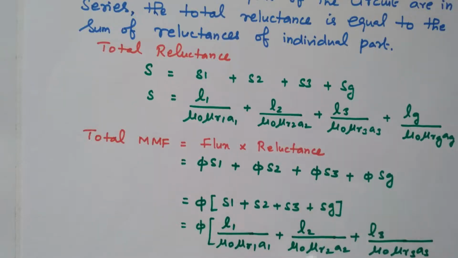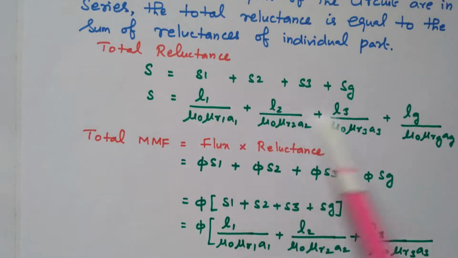The formulas are written. The total MMF is nothing but flux into reluctance, that is, reluctance equals MMF by flux, so MMF equals flux into reluctance. The same flux exists in all the cases, so MMF equals phi into S1 plus phi into S2 plus phi into S3 plus phi into Sg. The single flux exists, so we can take phi outside: phi into S1 plus S2 plus S3 plus Sg.